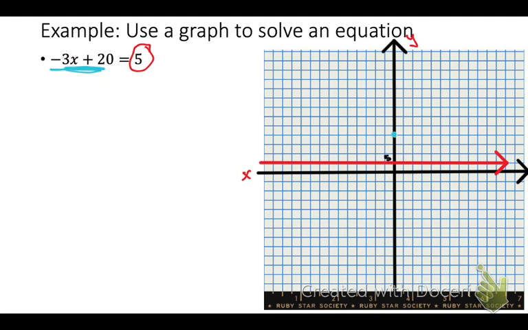Okay, so I have a point at 20, and my slope is negative 3. When I went by 5s, is that going to be kind of hard to do, go down 3 and then over? Yeah, but you can do the best you can. Or another thing is I could find the x-intercept, that's the x-axis, right?